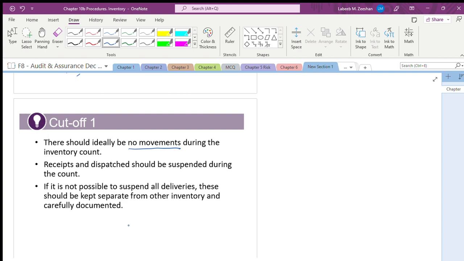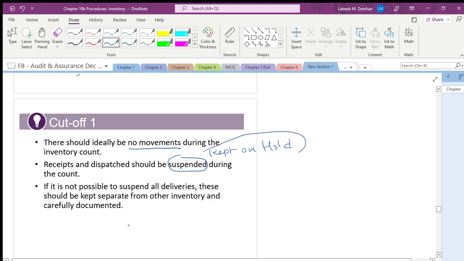They say that receipts and dispatches should be kept on hold. Don't write suspended, it should be kept on hold. Don't use negative words, try to avoid negative words. Be very, very specific with positive words.